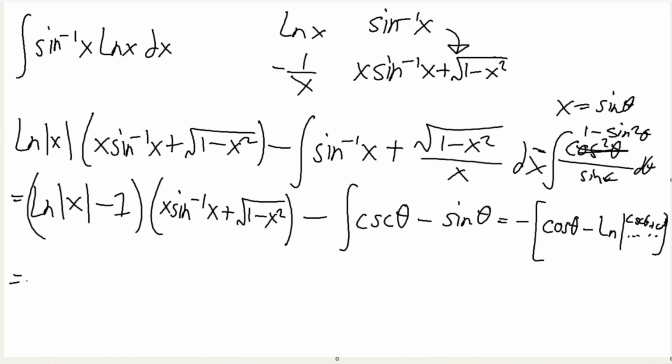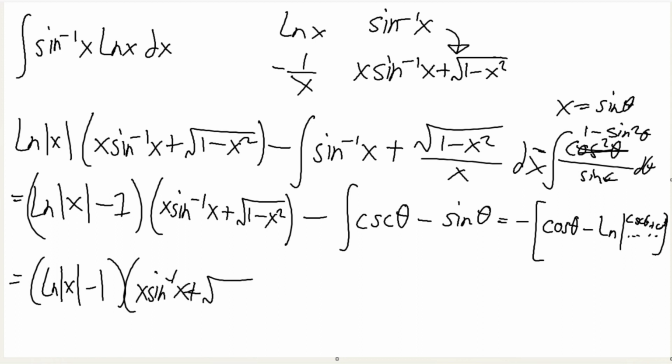So now what we have is this whole thing, this long answer, and then we distribute the negative, this here. Well, x is equal to sine theta, so theta is equal to inverse sine of x. Cosine of inverse sine of x, we went over that in one of our past videos.